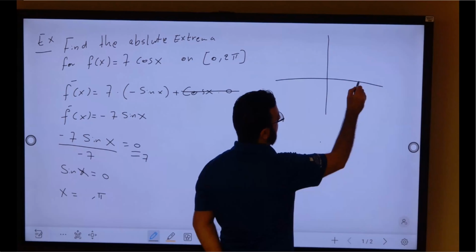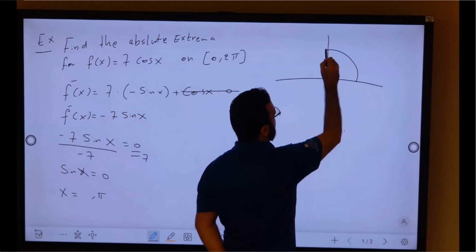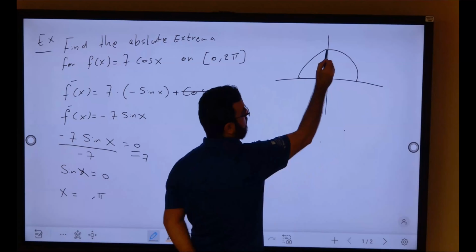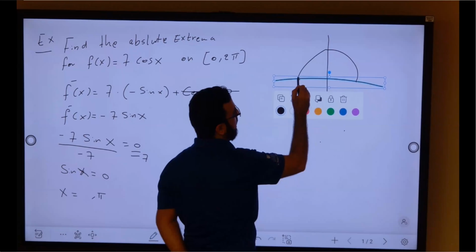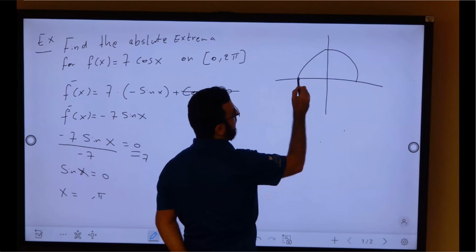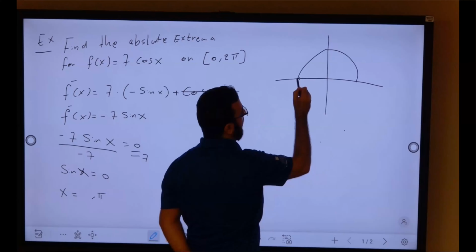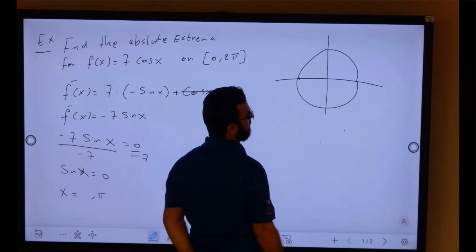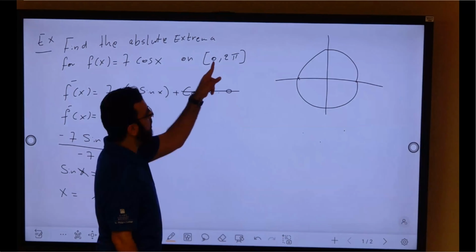Here is 0, here is pi, here is pi over 2, here is 2 pi. So I have 0 and I have 2 pi.